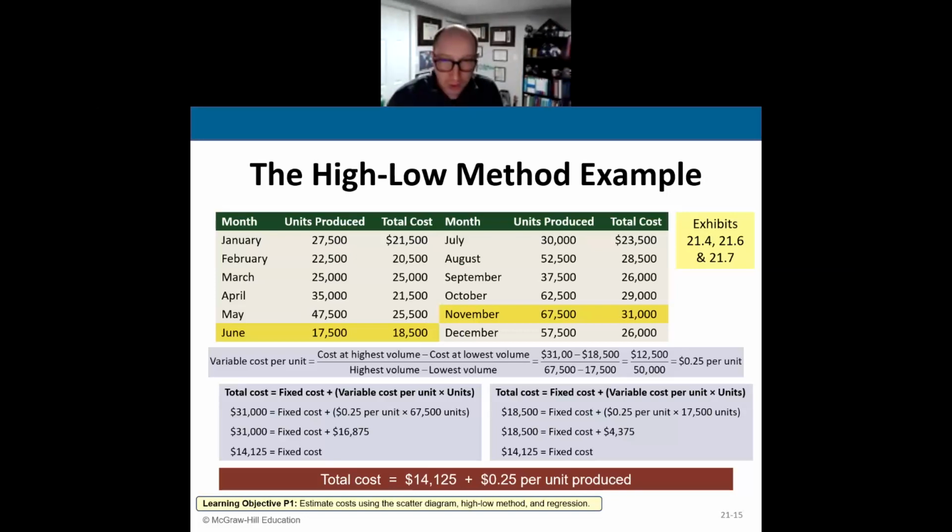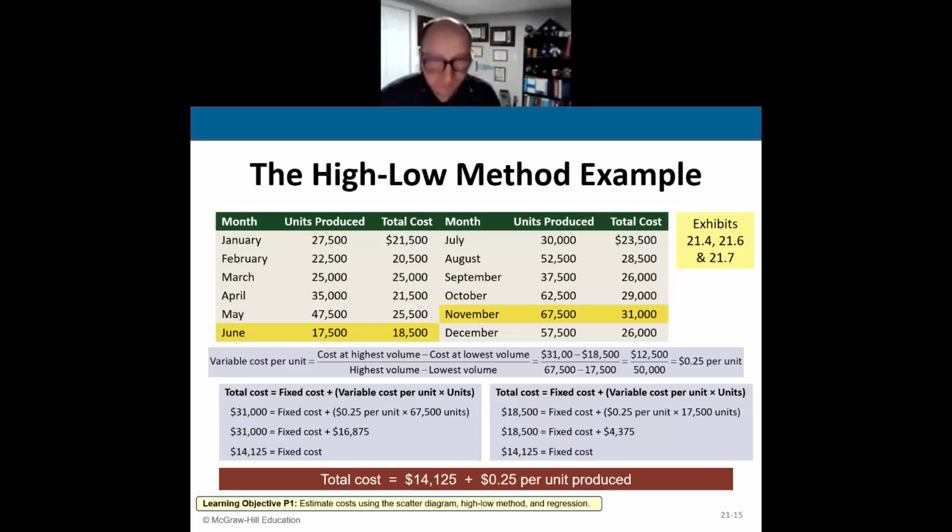Lowest amount, June, 18,500. That gives me 12,500 on the top line. On the bottom, we take the volume, highest minus lowest. Highest volume, units produced, 67,500, minus the lowest produced, 17,500. That gives me a difference of 50,000. So I take my total cost difference, 12,500, divided by the difference in units produced, 50,000, which gives me 25 cents per unit of variable cost.